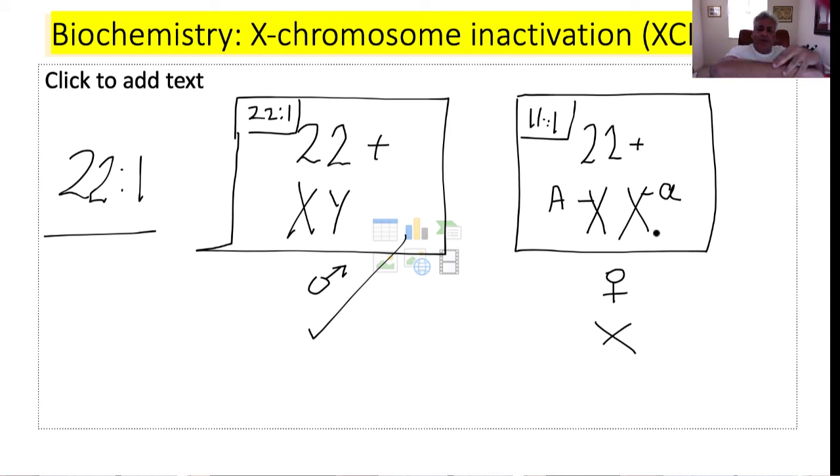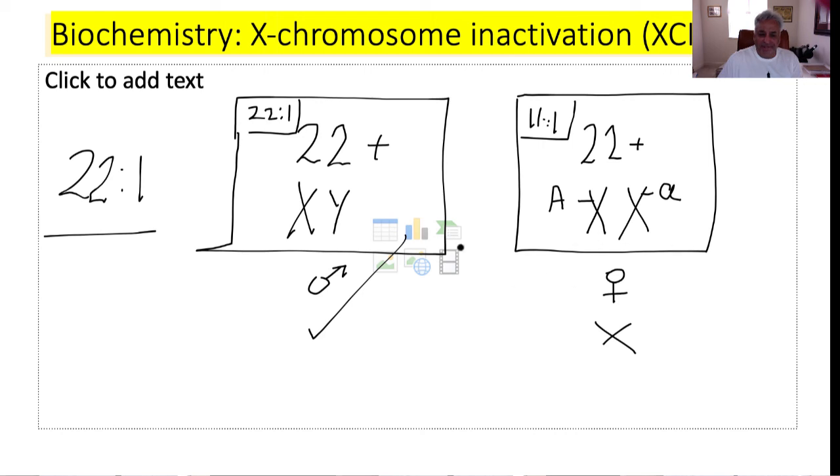Maybe this part of the arm comes from one X being turned off, and this part of the arm comes from the other X being turned off. So these will have the big A active on the X chromosome, and these tissues over here will have the small a.